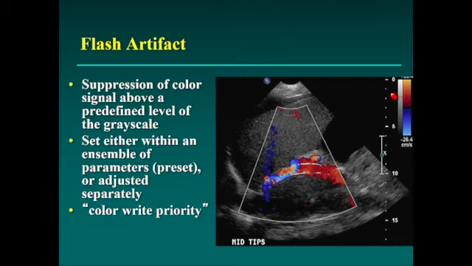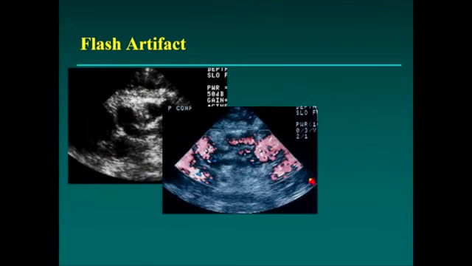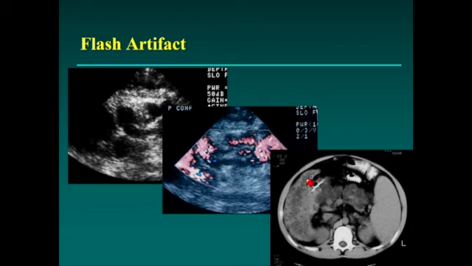Here it is. In this particular manufacturer, you have this line here, and that line tells you the level of the grayscale over which color will overwrite the grayscale. So here's that, and what that means is that if that's not set correctly, you can have color overriding the grayscale and indicating flow, like we have here, when in fact there is no flow because this person is a CF patient with macrocystic change in the pancreas.